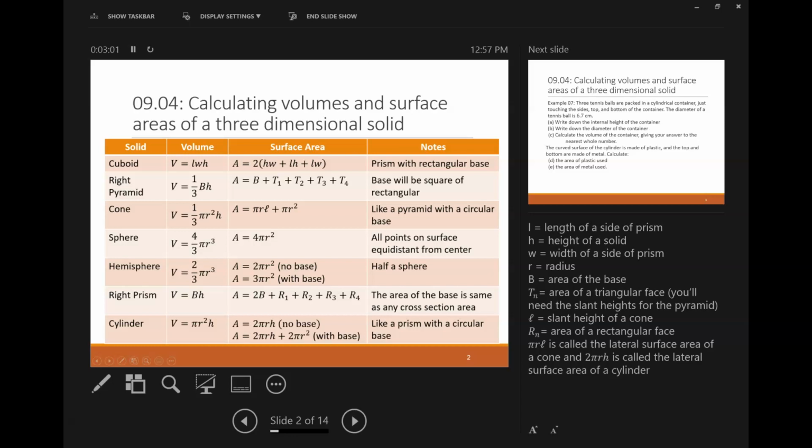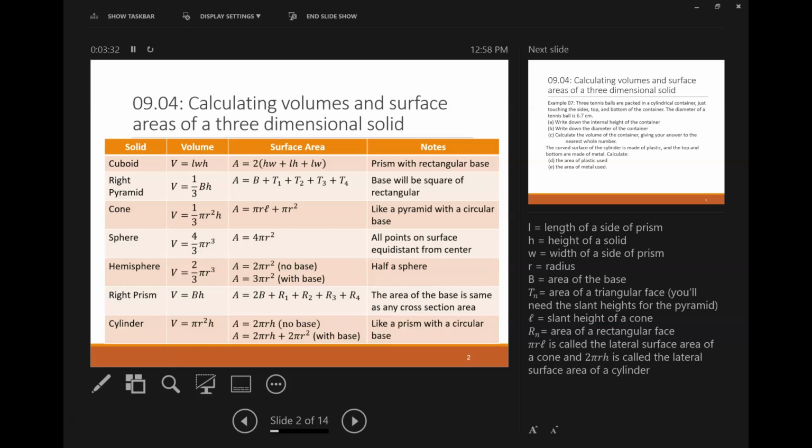Hemisphere, what do you suppose the relationship between the sphere and the hemisphere is? It's half, right? So if I take 4/3 and divide by 2, I get 2/3. Notice that the surface area for the hemisphere depends on whether you're counting the bottom or not. Like if you have one of those cupcake domes at your house, and it has no base, the surface area is 2 pi r squared.